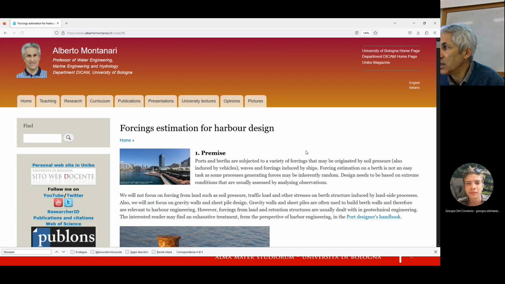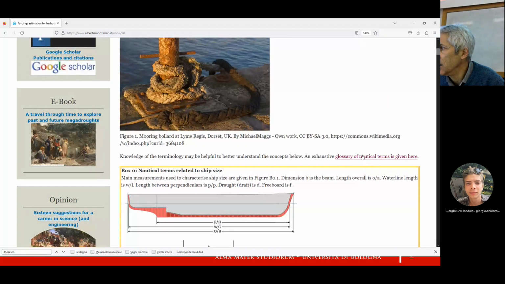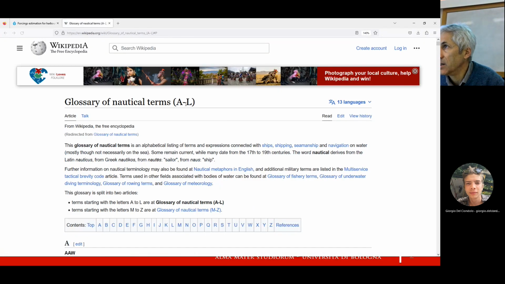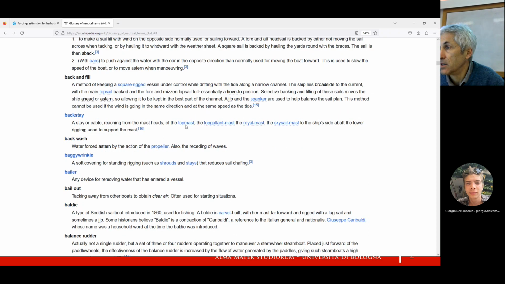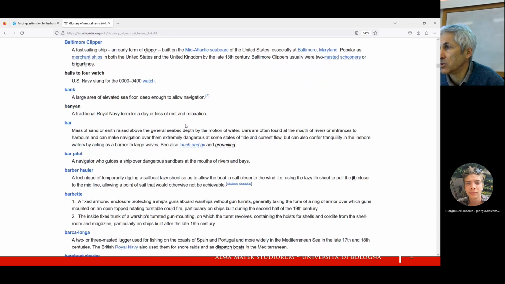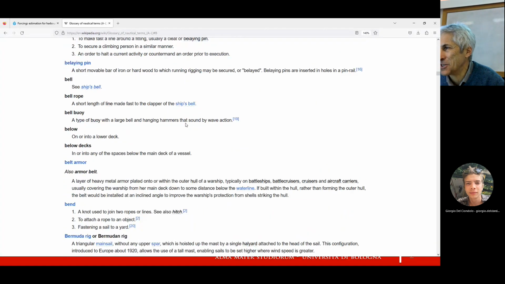Here, there is a link which I think is extremely interesting, the glossary of nautical terms. Let me click on this link. It's a Wikipedia page. I think it is very useful. So we wanted to see what is a bollard. Let's see under B. Let's go down, go down, go down. I hope it is there. Let's see.